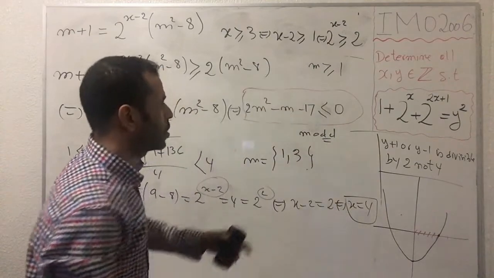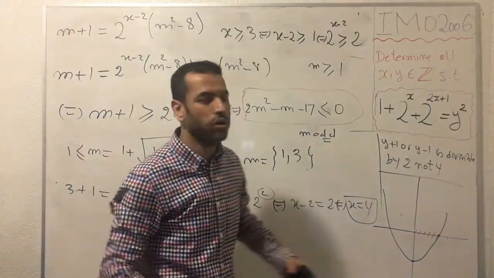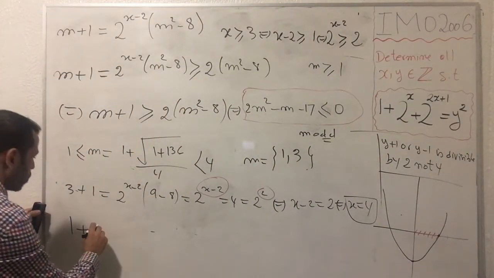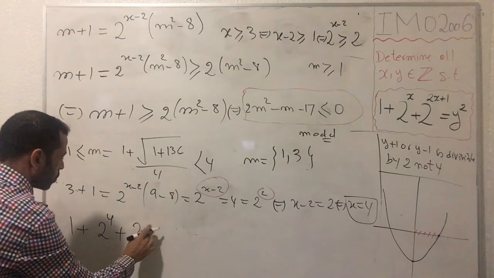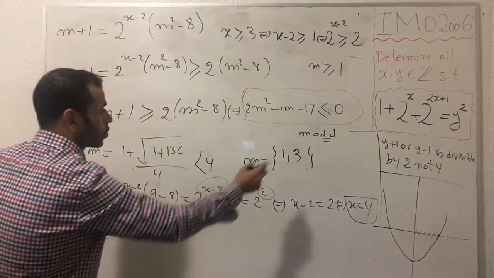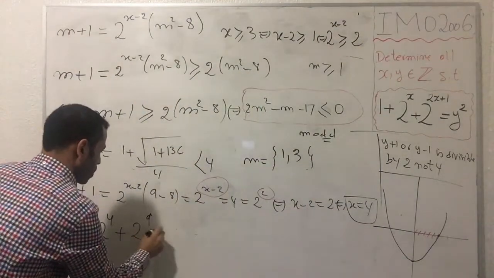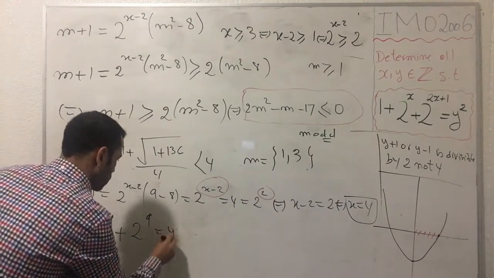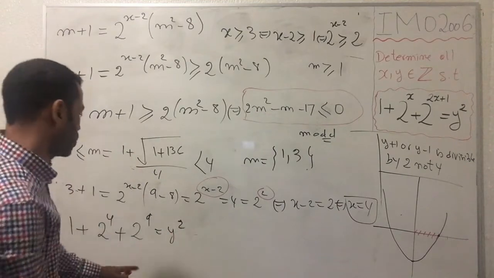Now I'm going to replace 4 into this original equation to see what's the y. Okay? So now 1 plus 2 to the 4th plus 2 to the 4th multiplied by 2 to the 8 plus 1 is 9, equal to y squared. This is the arithmetic job.